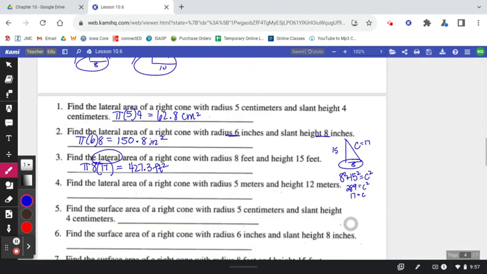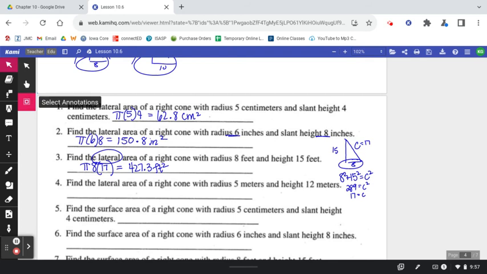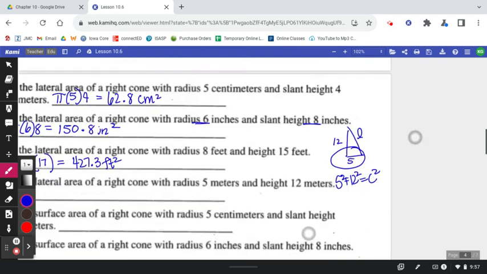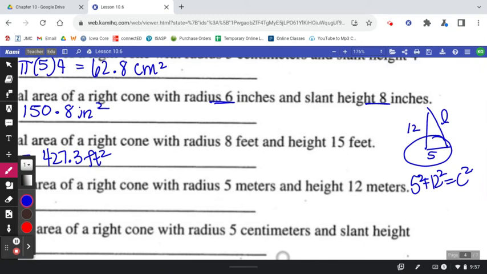And the same thing is happening on number 4. Zoom out a little bit. There we go. So this one, again, they're giving us the radius as 5 and the height is 12, but we need the slant height. So 5 squared plus 12 squared equals c squared. 5 squared plus 12 squared is 169.